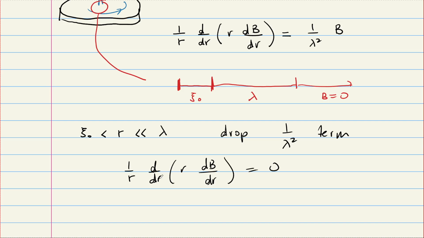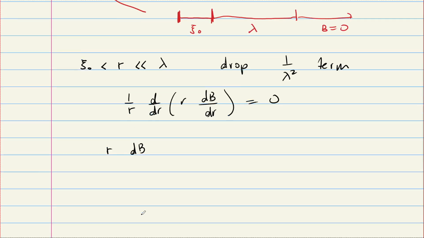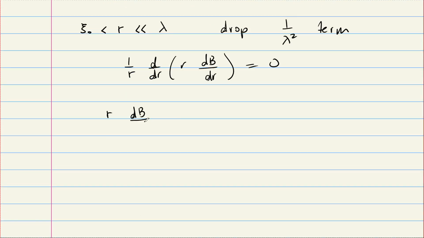And this means r dB/dr is some constant, let me call this a, and this can be solved. Just take this to here and integrate both sides. B is equal to a times ln r plus another constant b.